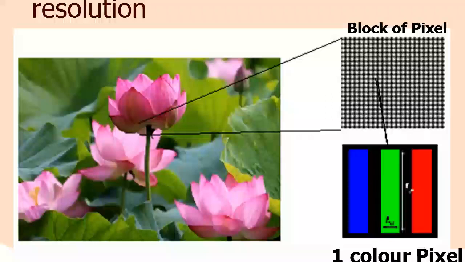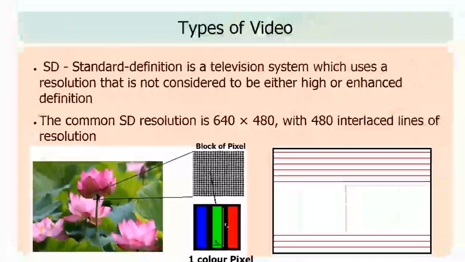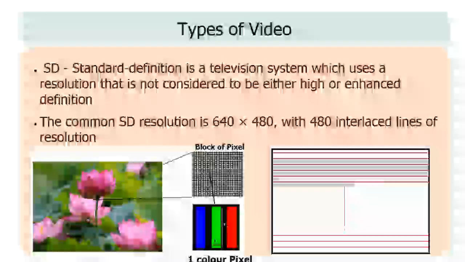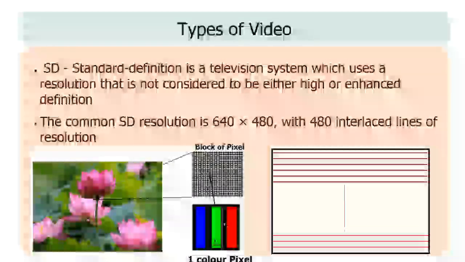If you are viewing a color image, that is R, G and B, red, green and blue. Depending on the intensity of these red, green and blue LEDs, you get different colors. So 480 is the number of lines, as you can see in this image, and 640 pixels in each line make an SD resolution.